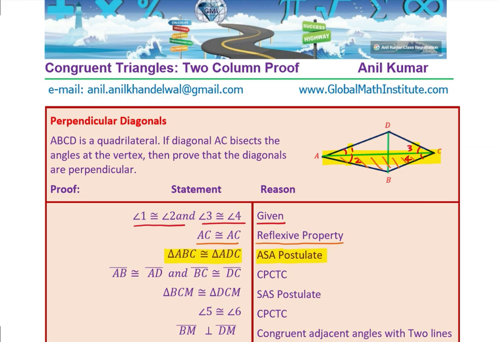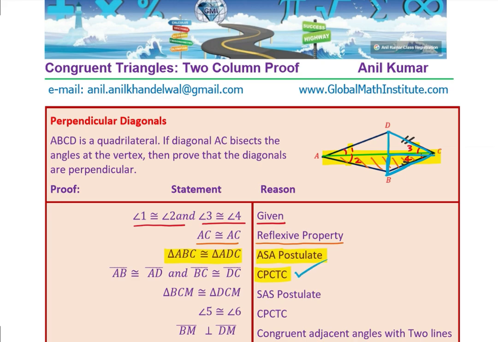Since the two triangles are congruent, we can draw the conclusion, by corresponding parts of congruent triangles are congruent, that these two sides are also congruent. Once we do that, we can look into these other triangles.